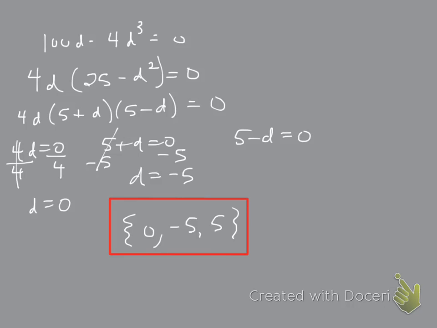Okay, over here, solving for d still, I'm going to subtract 5 from both sides, just like before. And now it's negative d equals negative 5. And then d equals positive 5. Okay. Any other questions on that?